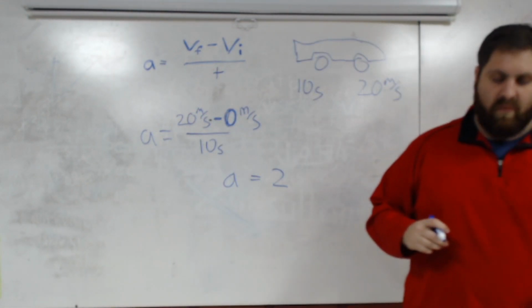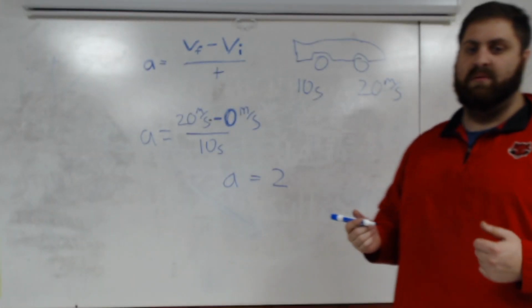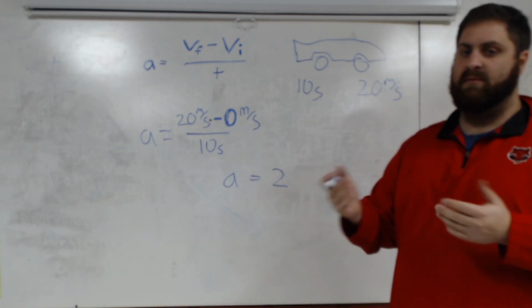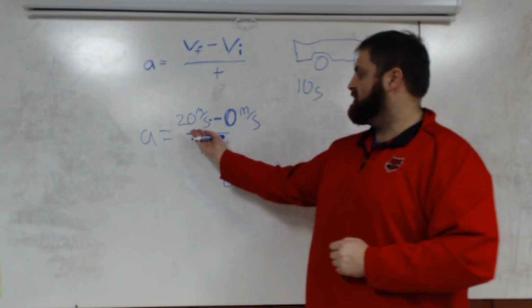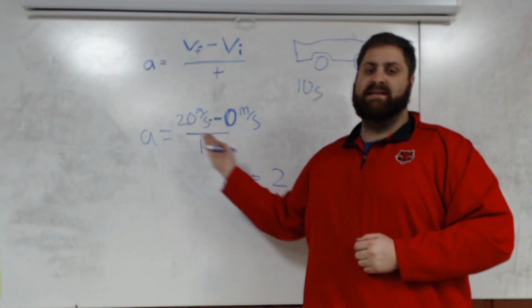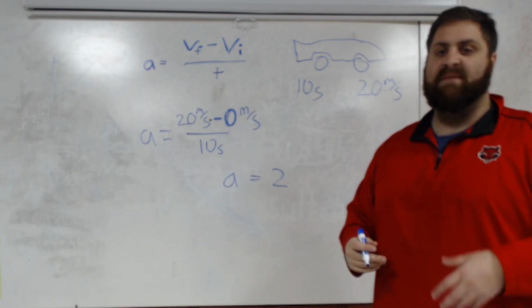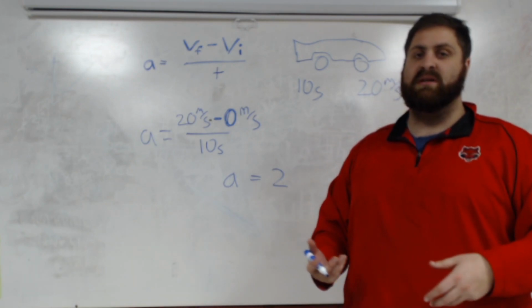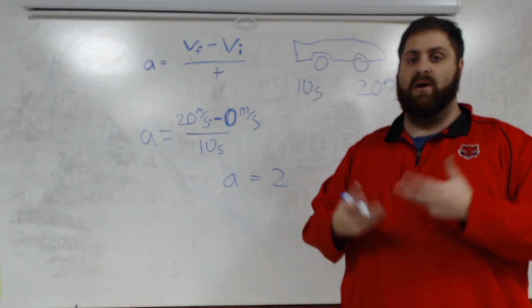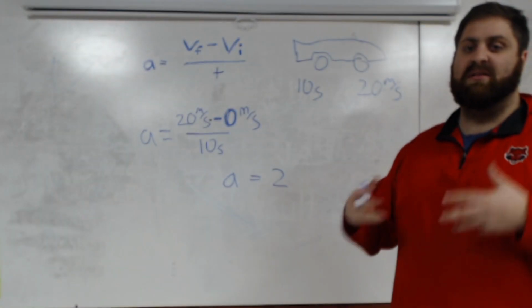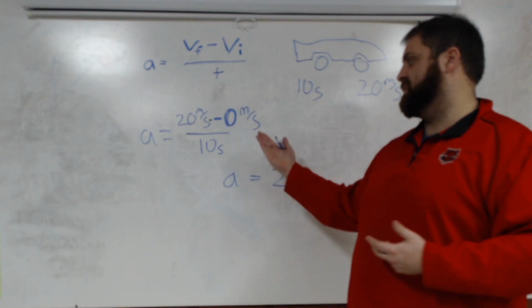But we need to know the units for that. If you remember, hopefully from some math somewhere, if not, we're learning it right now: when you add or subtract units that are the same, so meters per second and meters per second, that's fine. If I have 4 apples and I lose 2 apples, I have 2 apples. There's no weird calculation that happens when you add or subtract. They're still the same thing. We're still talking about meters per second.